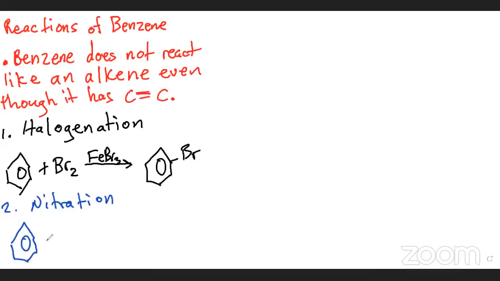So if you want to nitrate benzene, you react it with nitric acid and sulfuric acid, an arrow, at a temperature of about 50 to 55 degrees Celsius, and you will get nitrobenzene.